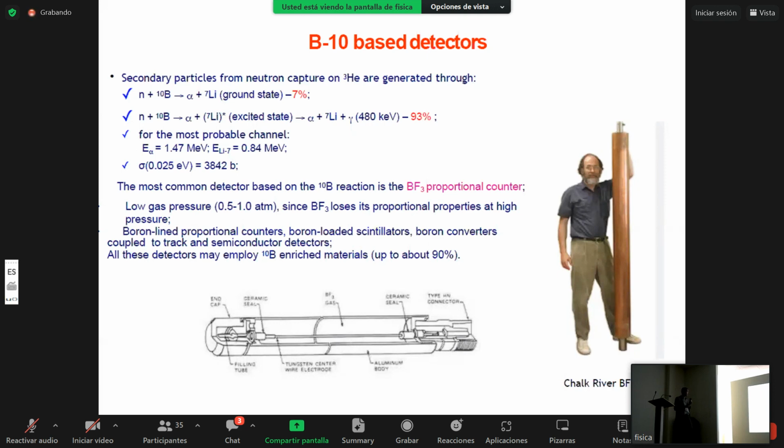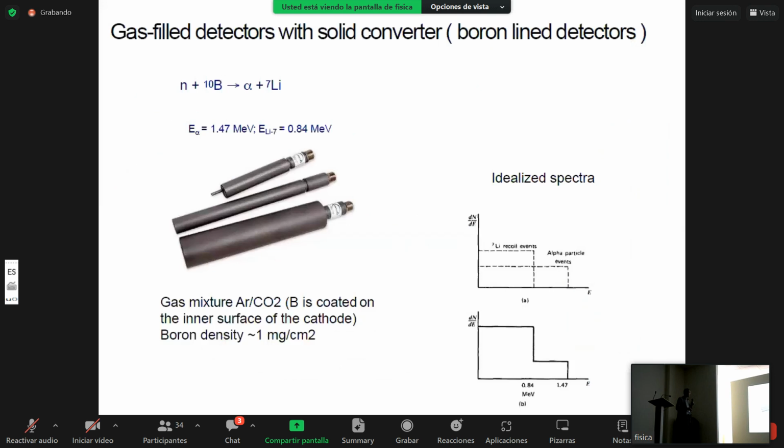There are different ways to utilize boron-10, and in many applications we employ enriched boron-10, up to 90 or even 95%, in order to increase the efficiency of detecting neutrons with this type of detector.